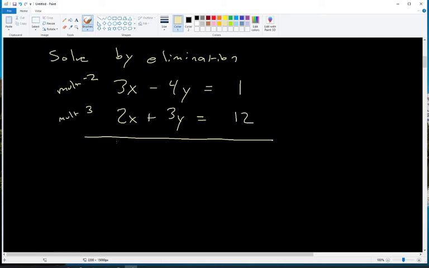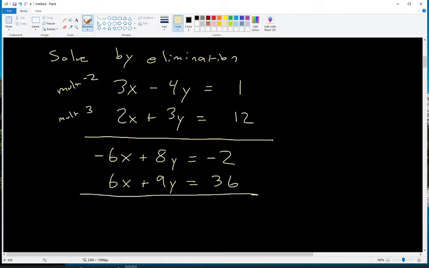So if I multiply the whole top equation by -2, I get -6x. Negative times negative is positive. 2 times 4 is 8y equals -2. And I multiply the bottom equation by 3. So it'll be 6x plus 9y equals 3 times 12 is 36. So I add these together.